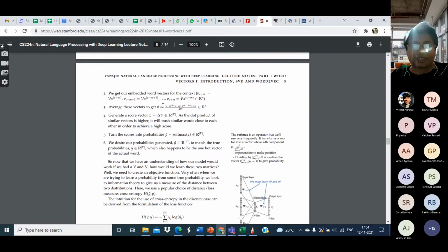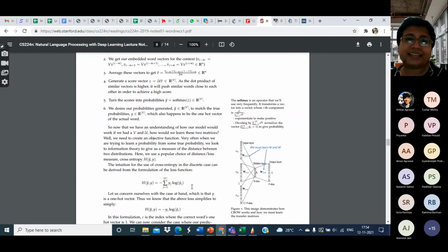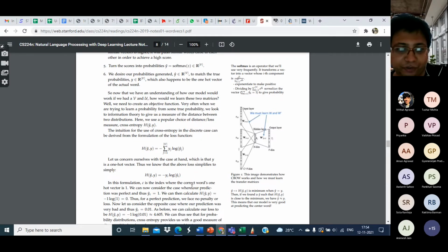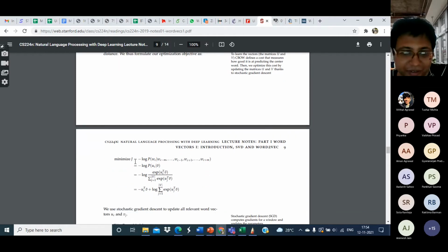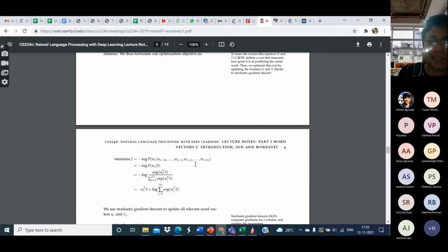So we choose U and V in such a way as to maximize this probability. How exactly that is done requires quite a bit of advanced mathematics, so I will not go into that, but this is the broad idea. This is basically the problem they have to solve: choose U and V such that a probability like this is maximized.